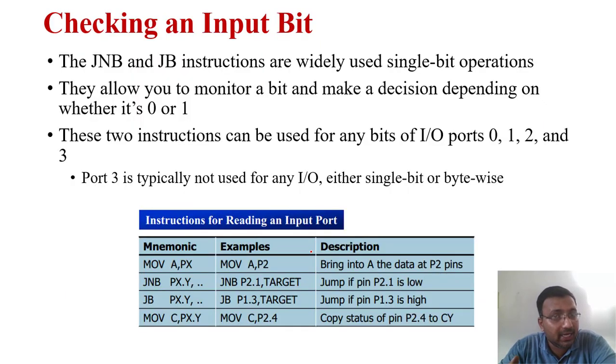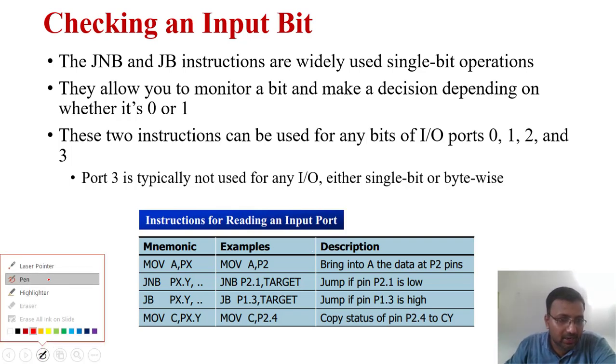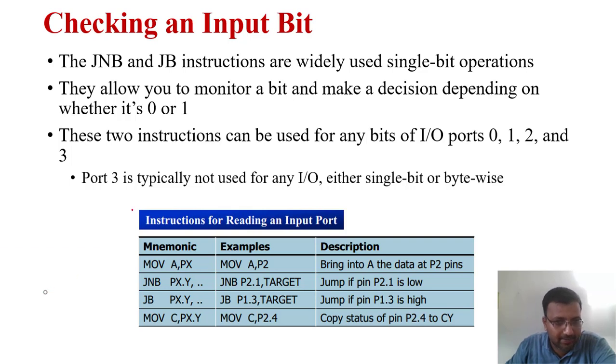Next, checking a single input bit. How can you check a single input bit? For that, we can use JNB or JB. JNB is used for jump if no bit, and JB is used for jump if bit. These instructions are widely used for single bit operations, which are very rapidly used in programming. They allow you to monitor a single bit.